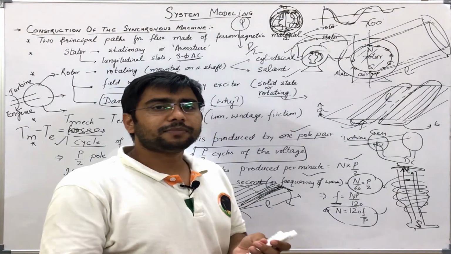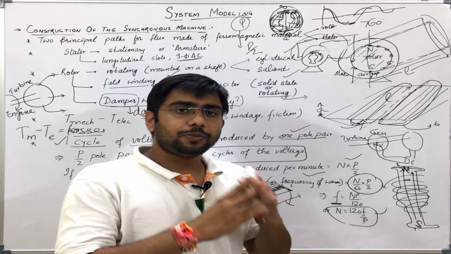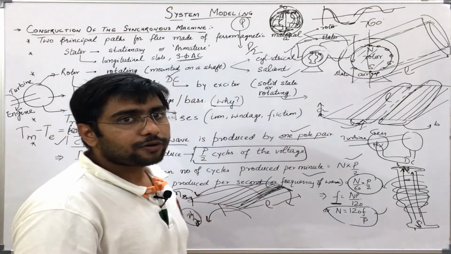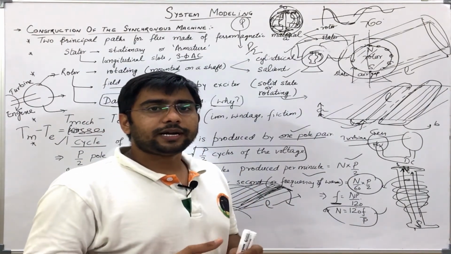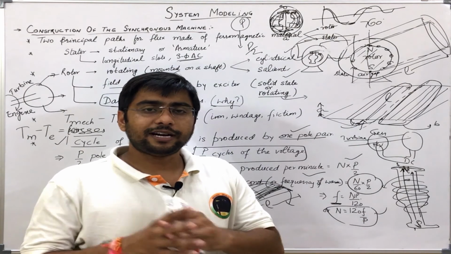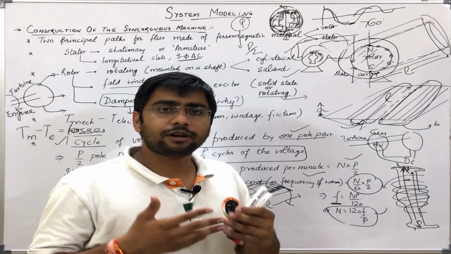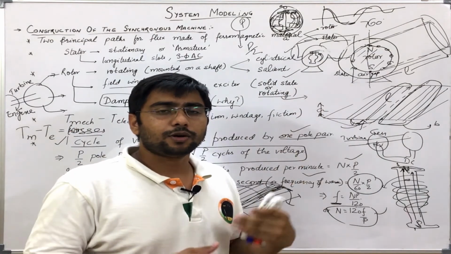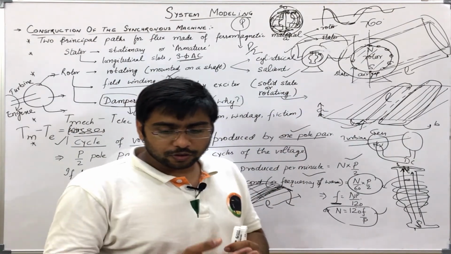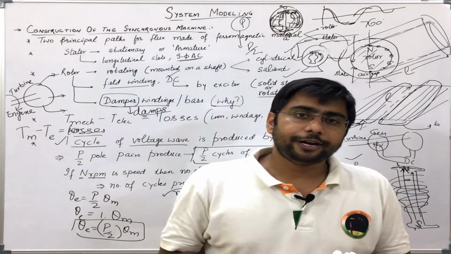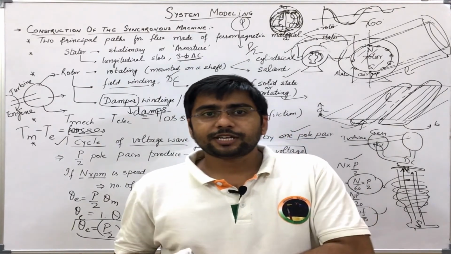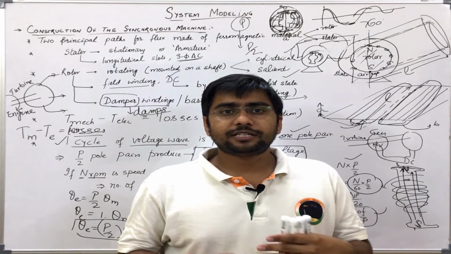Although actually in a machine the distribution is triangular, for the mathematical or analytical part we will only take the fundamental of that triangular wave, and we will consider that the distribution is sinusoidal along the periphery of the machine. So in the next video we will try to understand the effect of armature MMF or the armature flux on the synchronous machine.